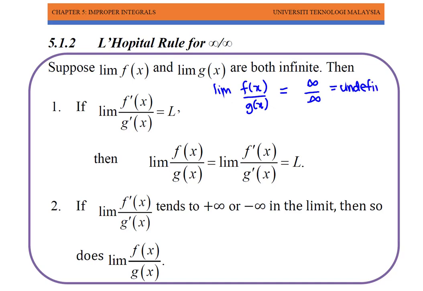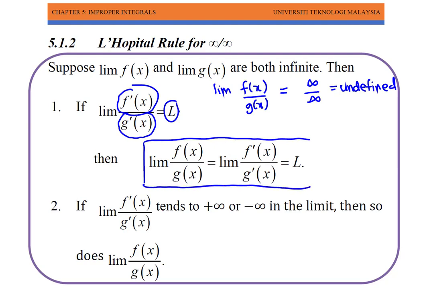What you have to do is apply L'Hopital's rule, which is to differentiate f and differentiate g. If you get L, then the answer for the limit of f(x) divided by g(x) is equal to L.